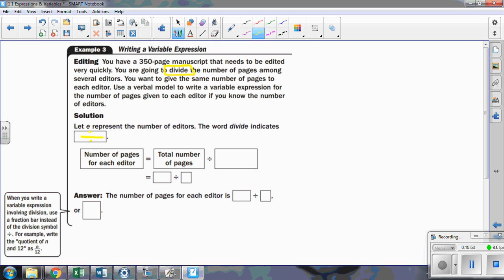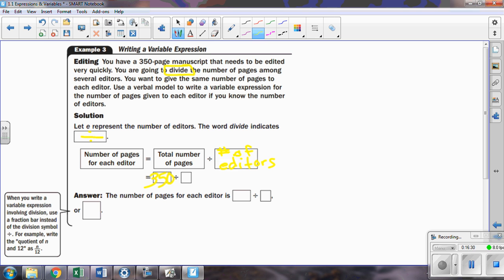Working downward then, the number of pages each editor has to do will equal the total number of pages divided by the number of editors. But we have those things. How many pages were there? We had 350 pages. How many editors were there? Several. So how many is several? Is it 5? Is it 10? Is it 50?